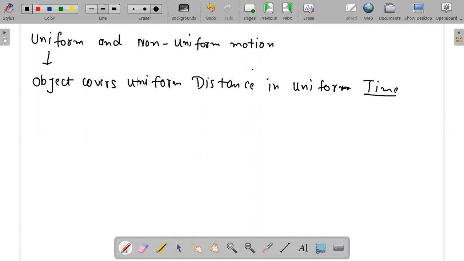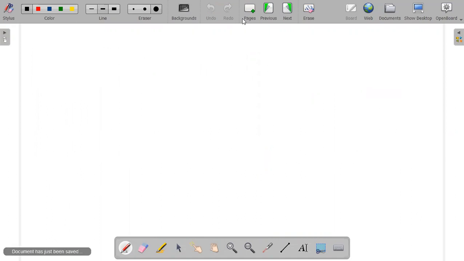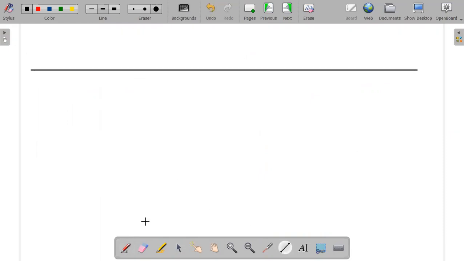And what is non-uniform motion? Non-uniform motion is when an object covers non-uniform distance in non-uniform time. You know this? So for uniform motion, we are having equal distances and equal time. Remember we studied a car is going, and it is a 16-meter long path.